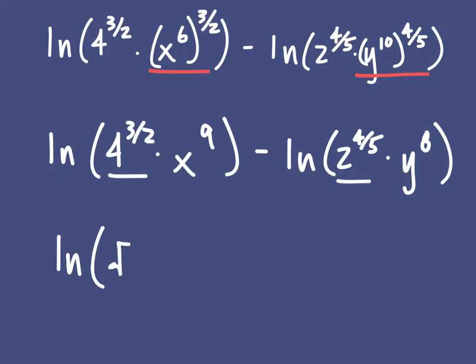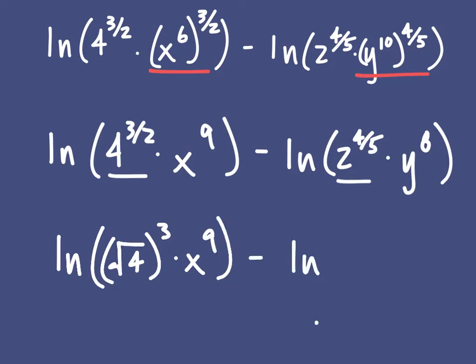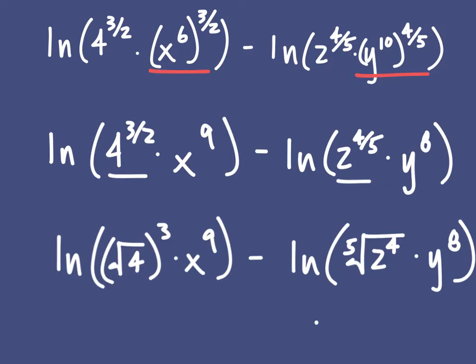So this is going to become the square root of 4, that whole thing raised to the 3rd power times x to the 9th, minus the natural log of the 5th root of 2 to the 4th power, and then times y to the 8th. Now what you'll notice is that on this one, I'm taking the square root of 4 first, and then taking the cube. The reason why I'm doing that is because I can take the square root of 4, whereas I can't take the 5th root of 2. And so we'll see what we get here.